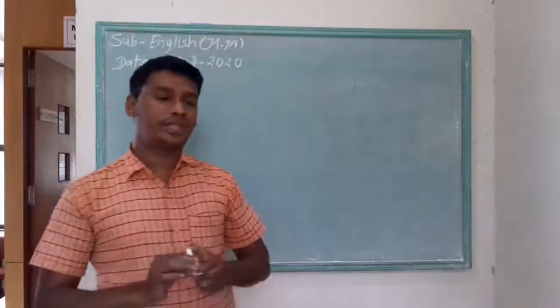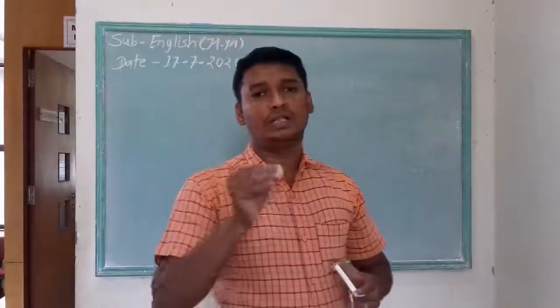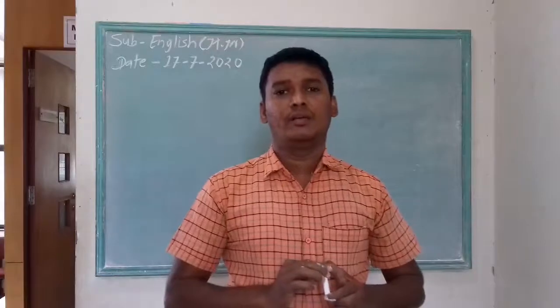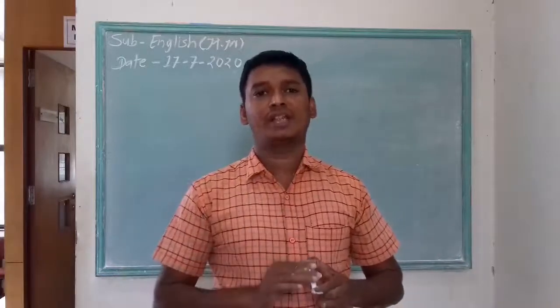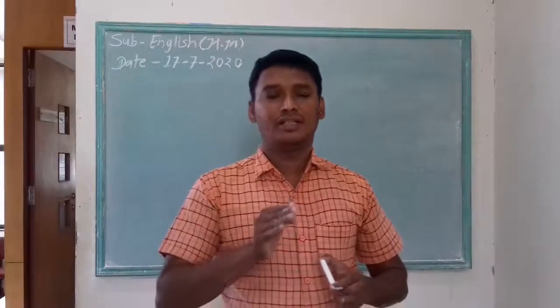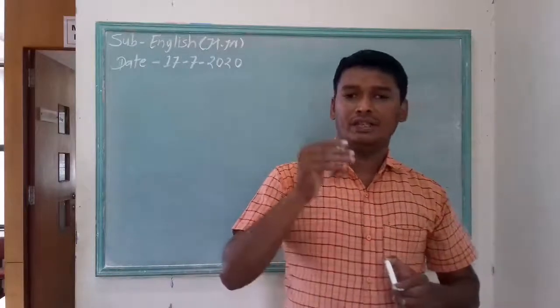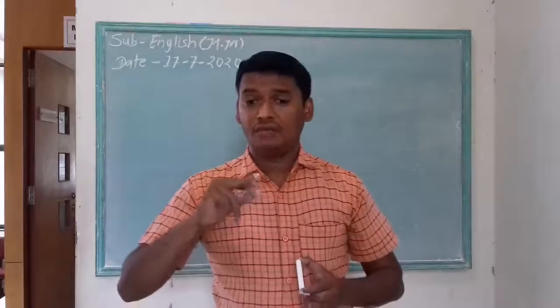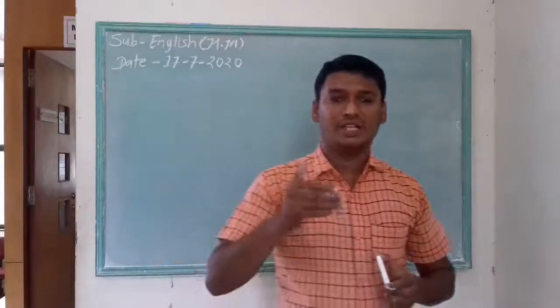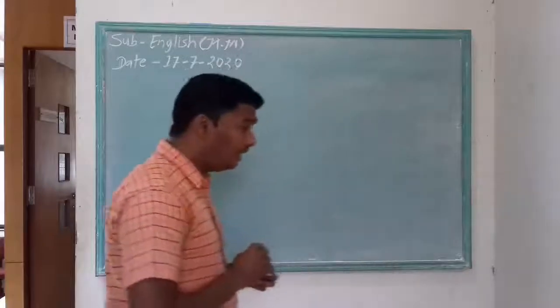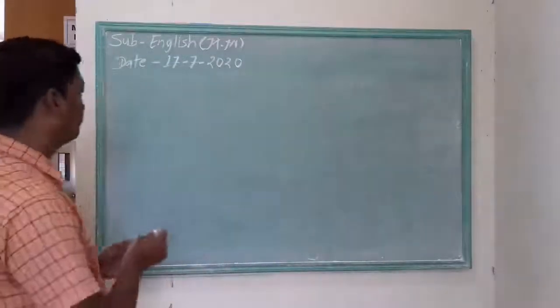Everyone knows that there are a total of 3 main kinds of tense: present tense, past tense and future tense. Each tense has again 4 subkinds. Let's learn all subkinds.